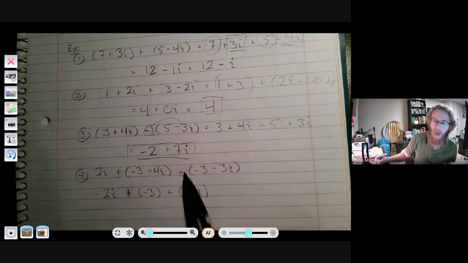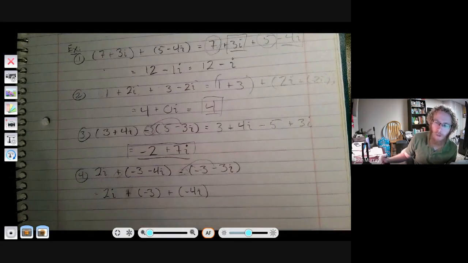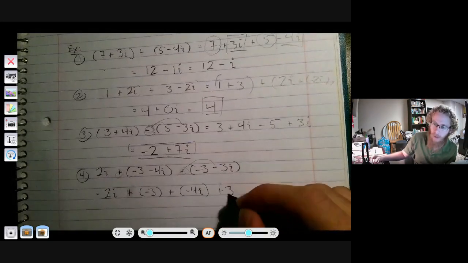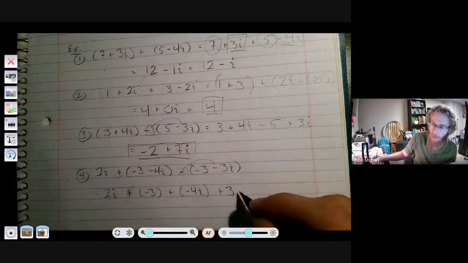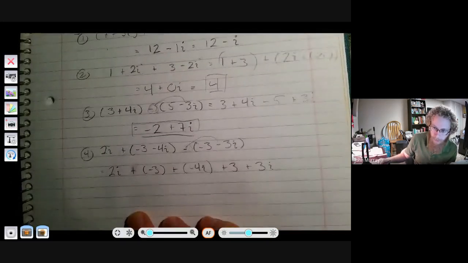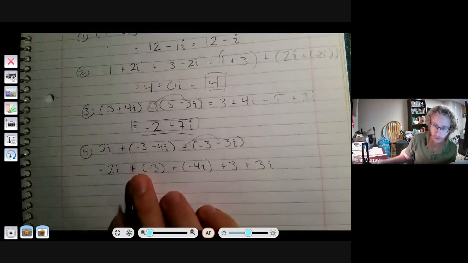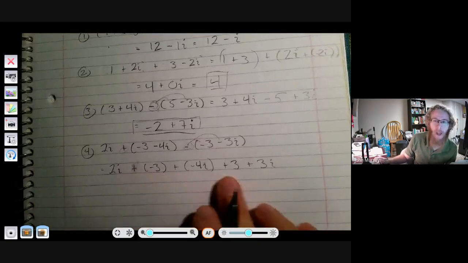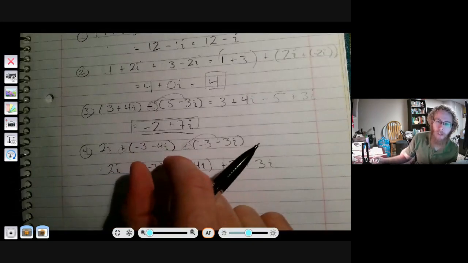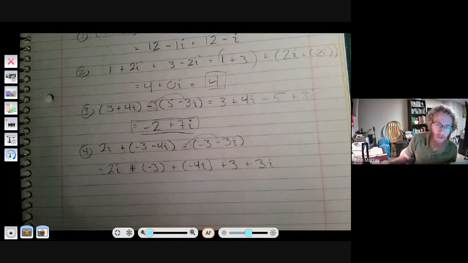But now we're subtracting, so again, I have to distribute that negative into both of those. So this becomes a positive 3, and this becomes a positive 3i. Here I did it a little differently. I have addition everywhere, and I grouped that negative in instead of making it minus.